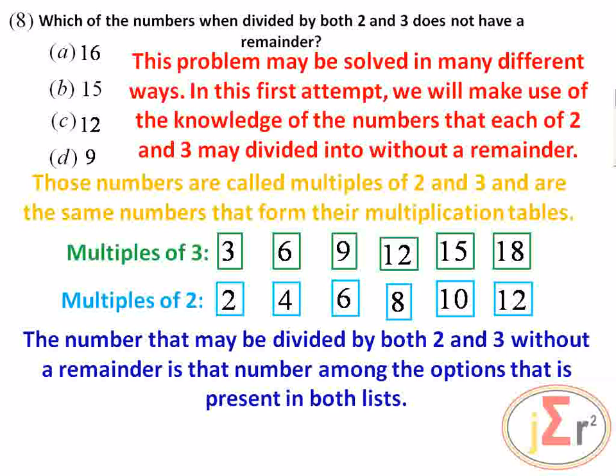So in order to determine the number that may be divided by both 2 and 3 without leaving a remainder, we need to identify the numbers that are in both lists. What are the numbers that are in both lists, Jerry? 12. And?